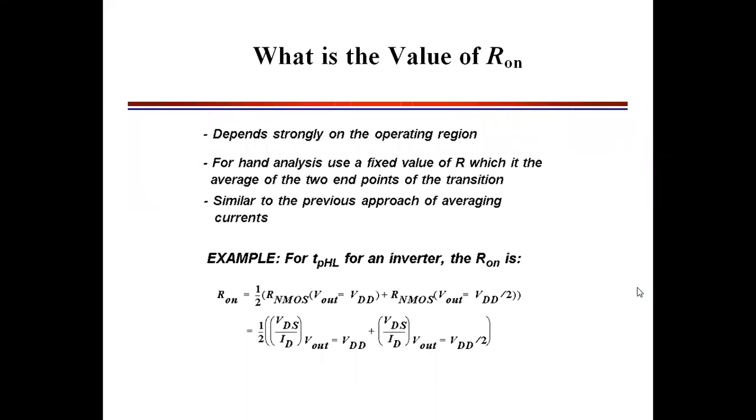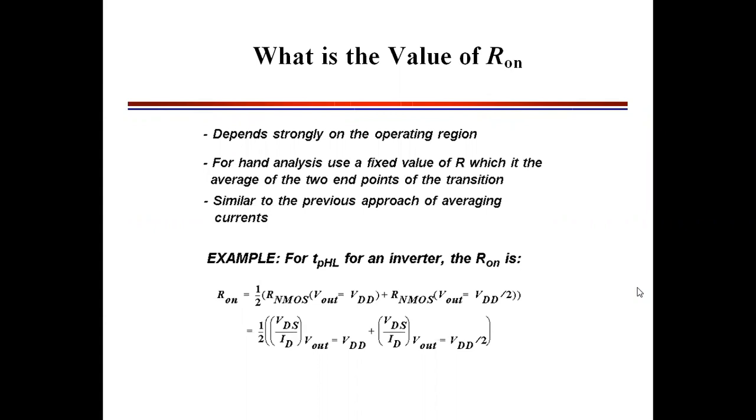Clear? So for example, we will find this for the propagation delay of high to low. For an inverter, what is the Ron value? So Ron is equal to 1 by 2 RNMOS in bracket Vout is equal to VDD plus RNMOS in bracket Vout is equal to VDD by 2.